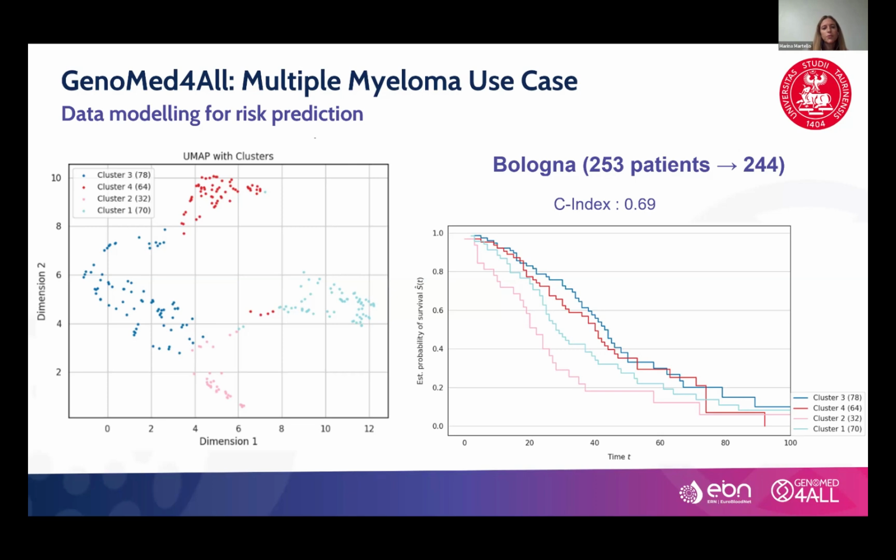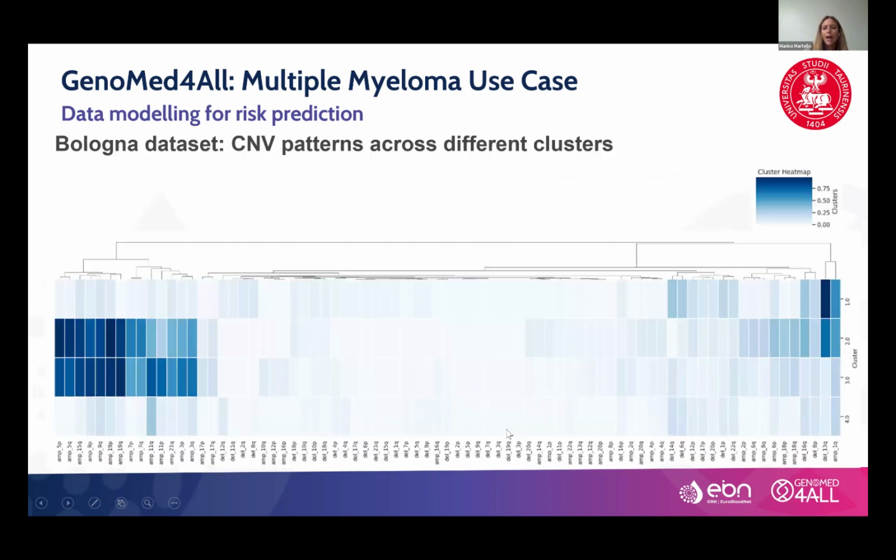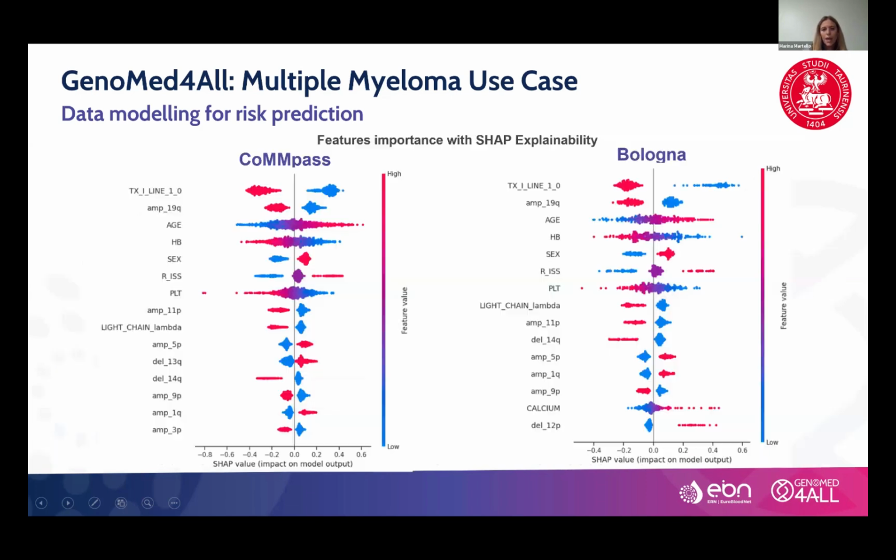As you can see from this UMAP, the Turin group still identified 4 clusters similar to the COMPASS dataset, and these clusters have been characterized by the presence of specific copy number alterations. For example, cluster 1 is characterized in particular by the presence of 1q gain and deletion 13q.